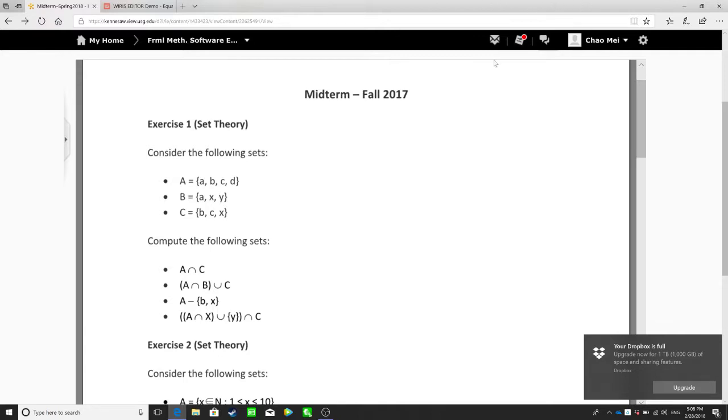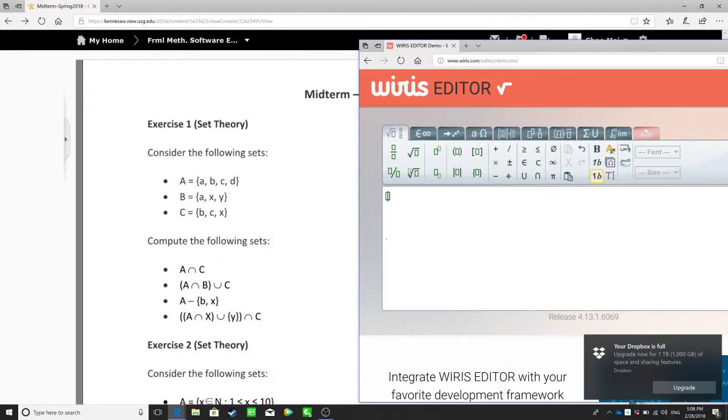Let me see if I can write it down. Exercise 1. Okay, and then the intersection of A and B. First we calculate the intersection of A and B, then we calculate its union with C, right?